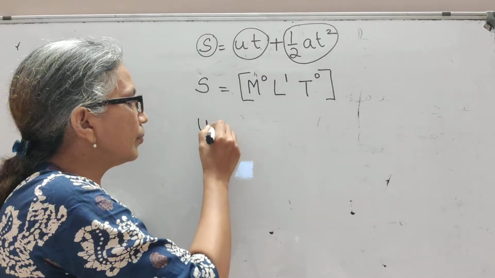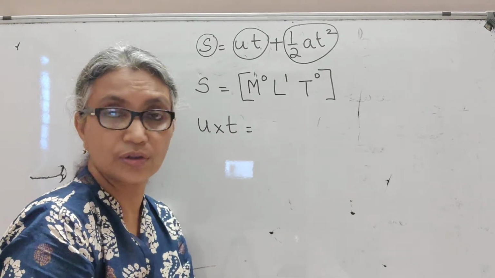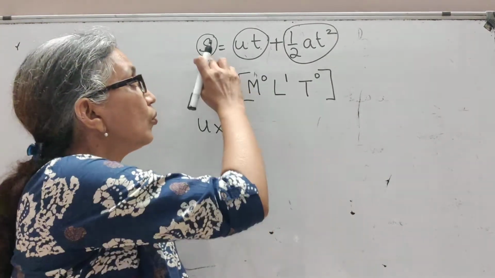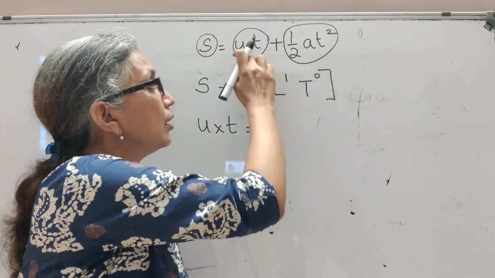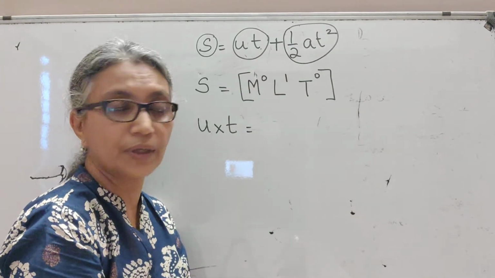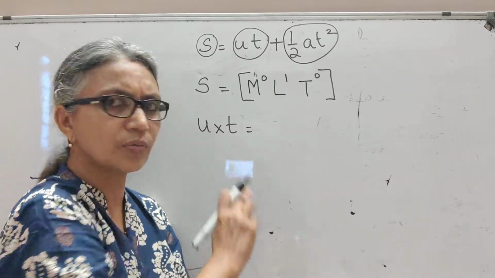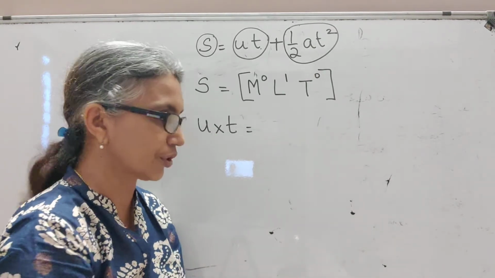Next we are going to take the term u into t. u is the initial velocity. In this equation, s is the displacement of the particle in time t, u is the initial velocity of the particle, and a is the acceleration of the particle. Velocity, whether initial or final, will always have the same dimension.